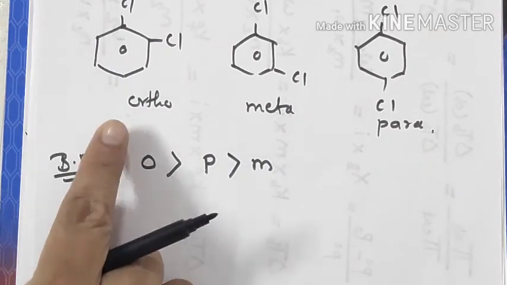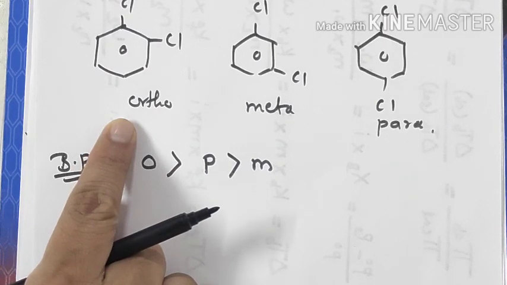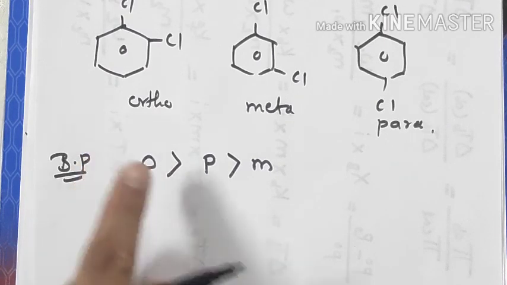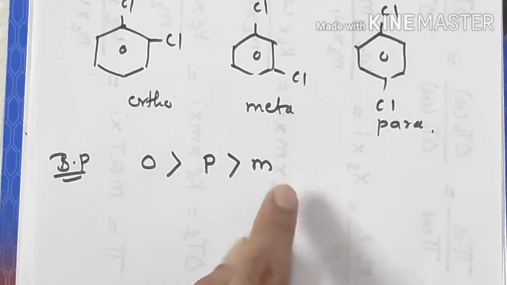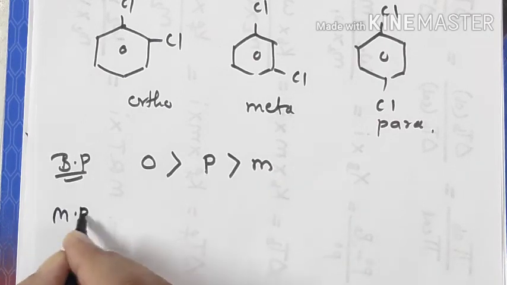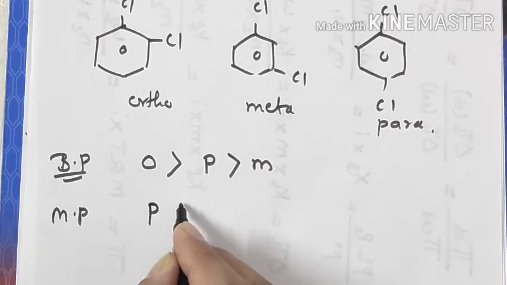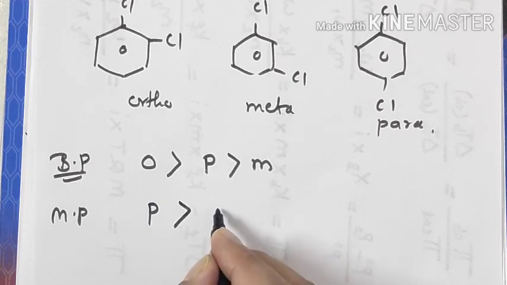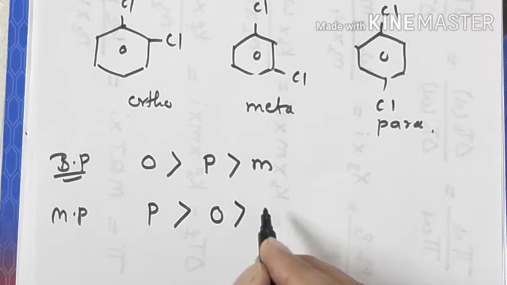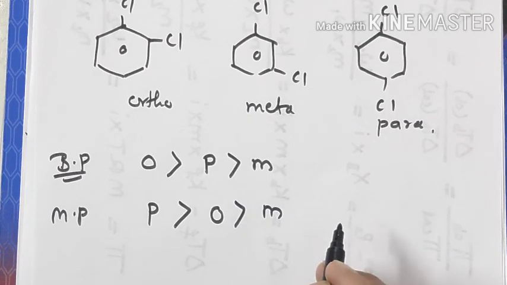But when it comes to melting point, then para has a higher melting point always, in comparison to ortho, then in comparison to meta.